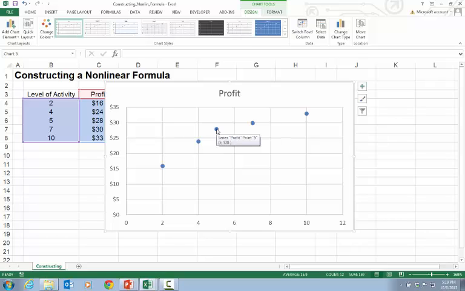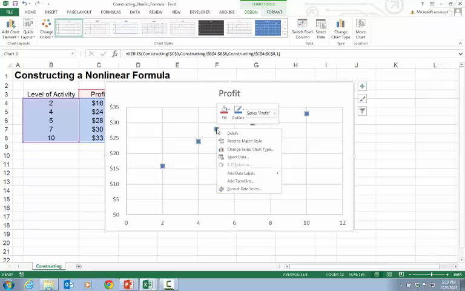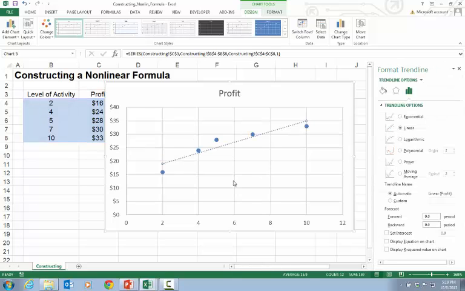All I do is right-click on the series and say Add Trend Line. Depending on which version of Excel you're using, it'll pop up some type of window that allows you to choose that. By default, it fits a linear trend line on there.